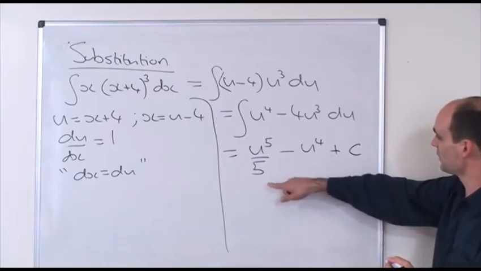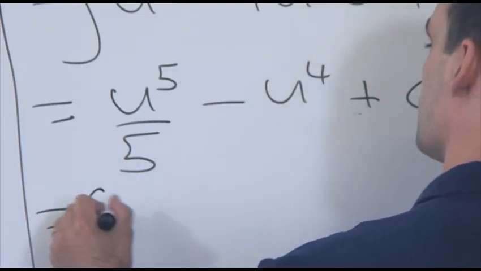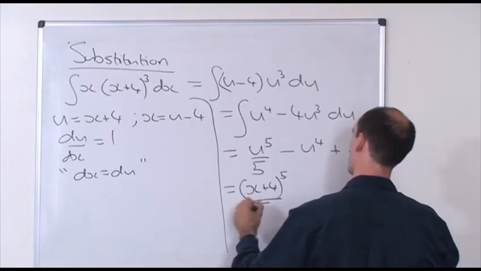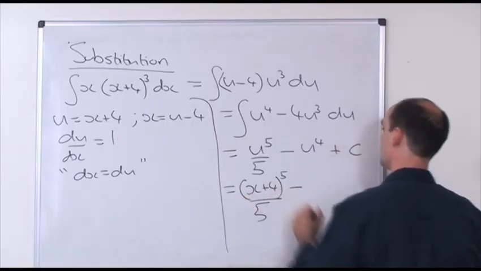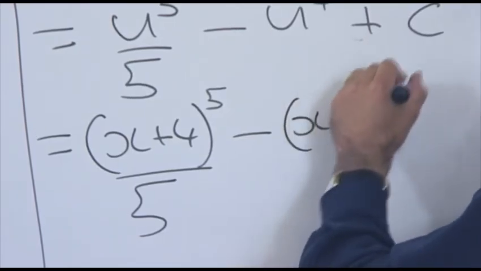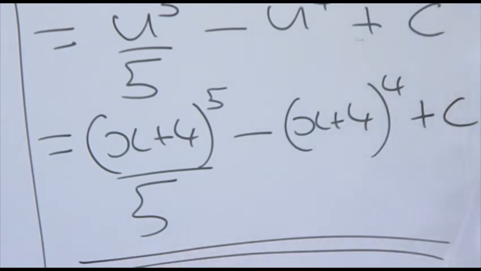And then finally I substitute back in for what u is. So let's do that, and we end up with (x plus 4) to the power 5 divided by 5, minus (x plus 4) to the power 4, plus c. And that there is our answer.